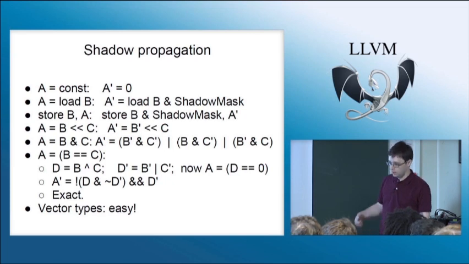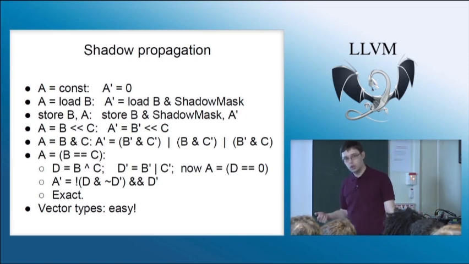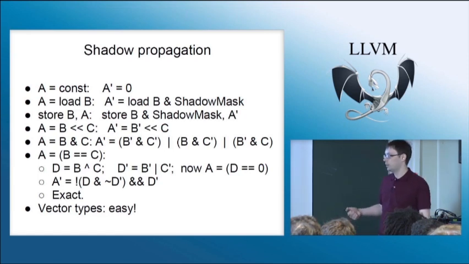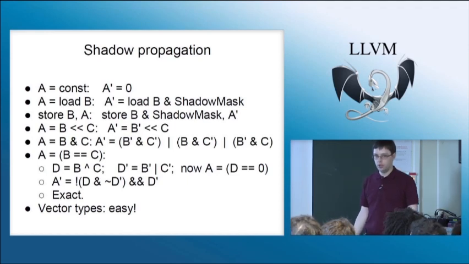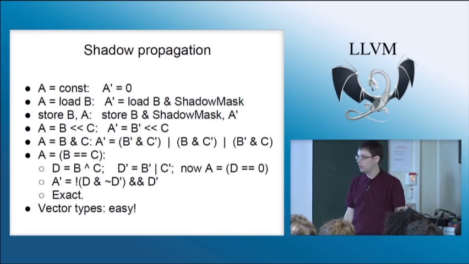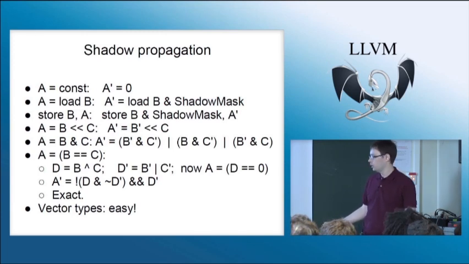If B and C are partially poisoned, so partially unknown, in some cases we can still say that we know the result of the comparison. For example, if there are two known bits that are different, and these formulas say exactly that.